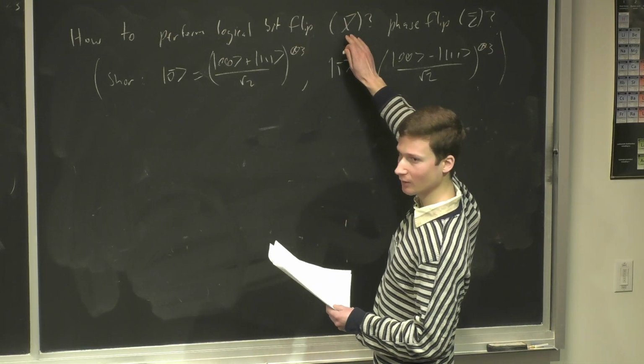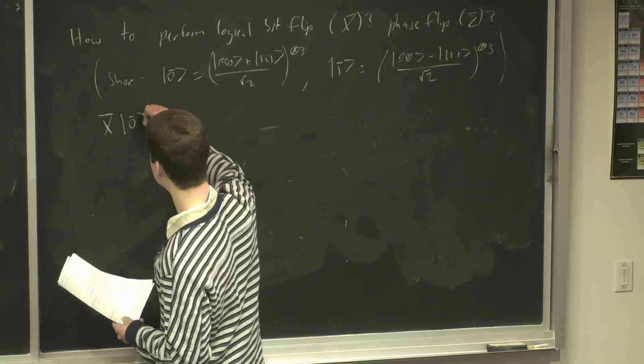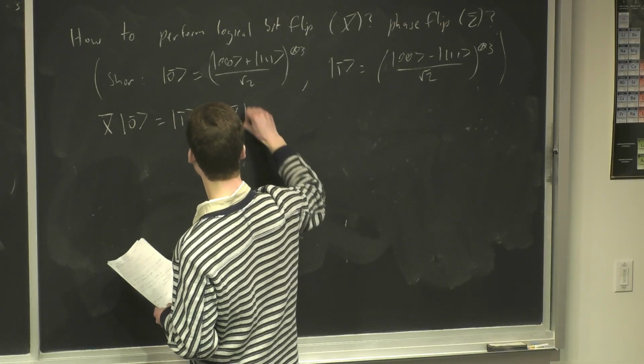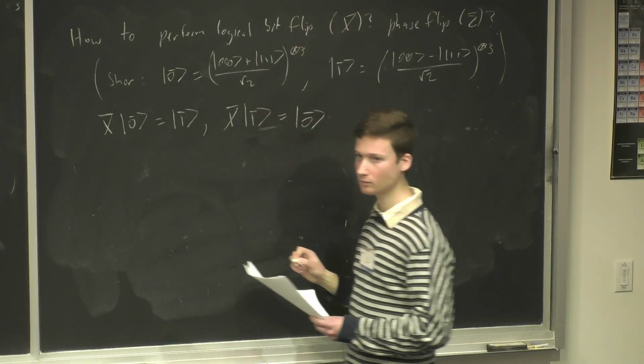Then for a logical bit flip, it's at least clear what we want it to do. We want it to map the logical 0 state to the logical 1 state, and the logical 1 state to the logical 0 state.